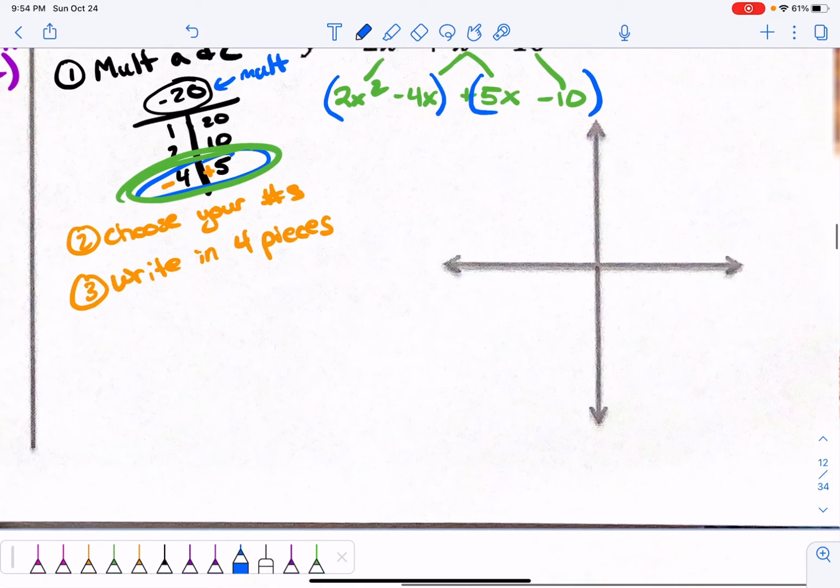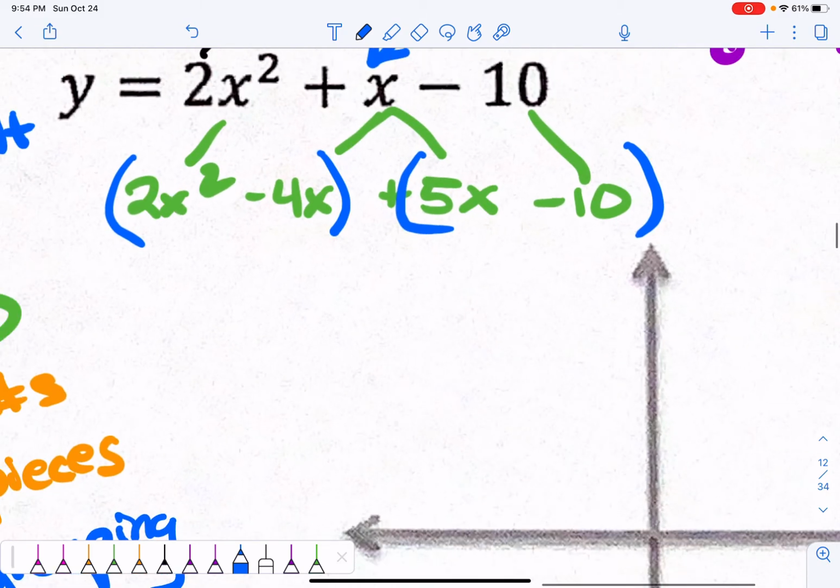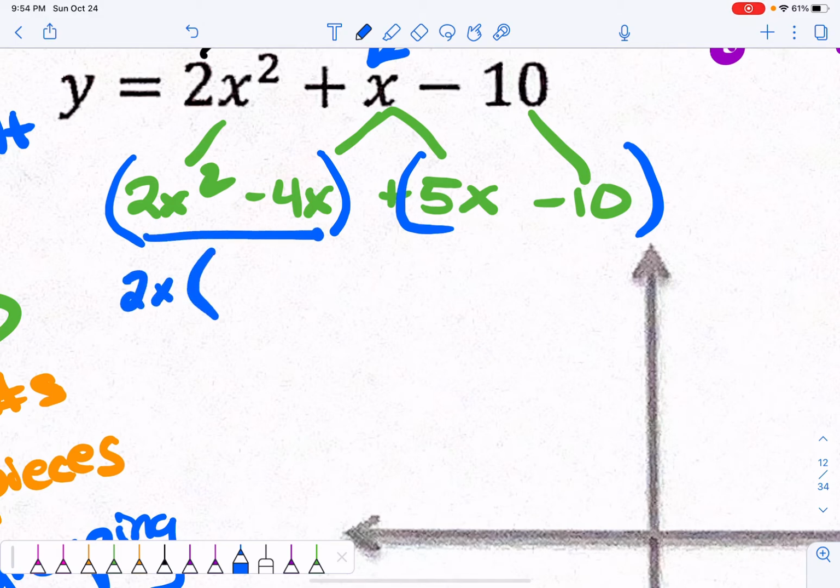And then the last thing that we do, step number 4, is factor by grouping. So we're going to group those two, and then I do this greatest common factor thing. Looking at this, I can take out a 2 and an x, okay? And if I take a 2x out, I will have x minus 2 left over.